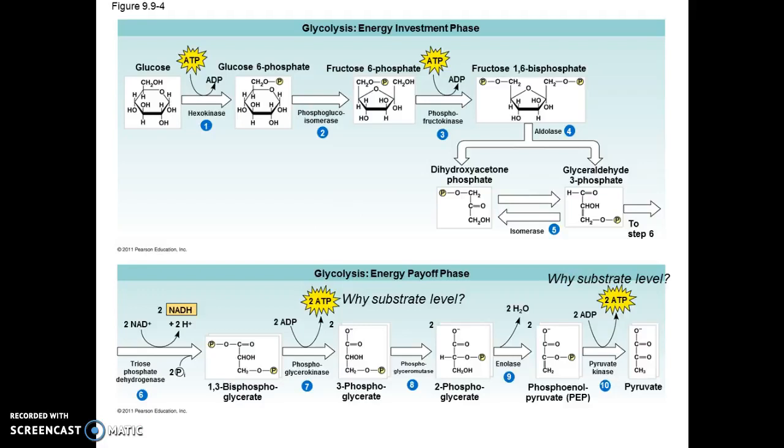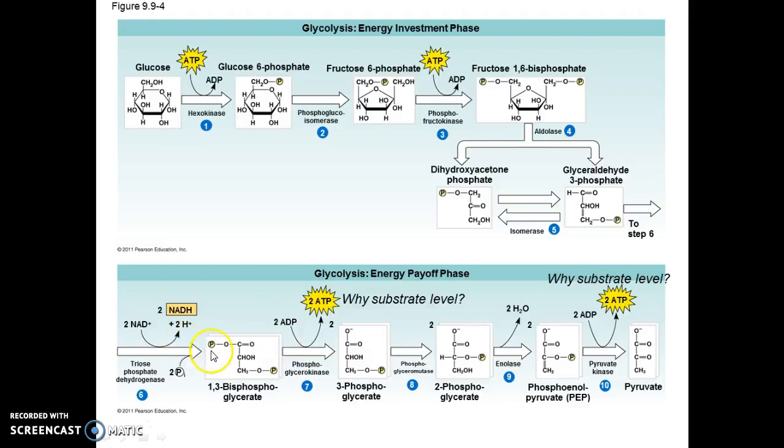We can also use this diagram to see why we refer to this ATP production as substrate level phosphorylation. If we notice, there's a phosphate group on this intermediate. However, after its conversion, there is no longer a phosphate group there.